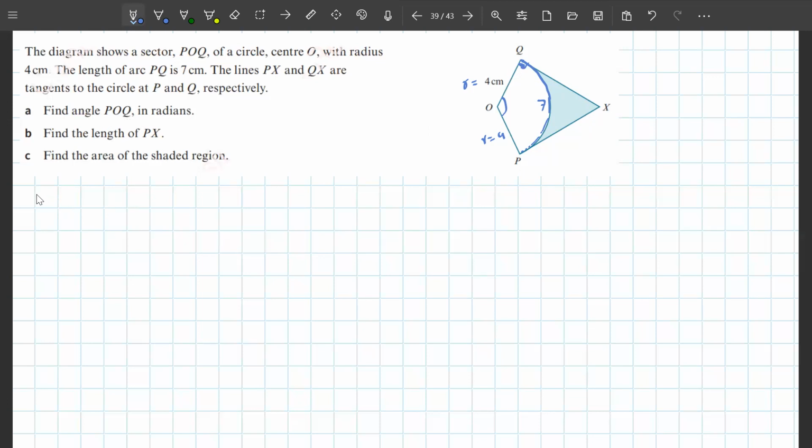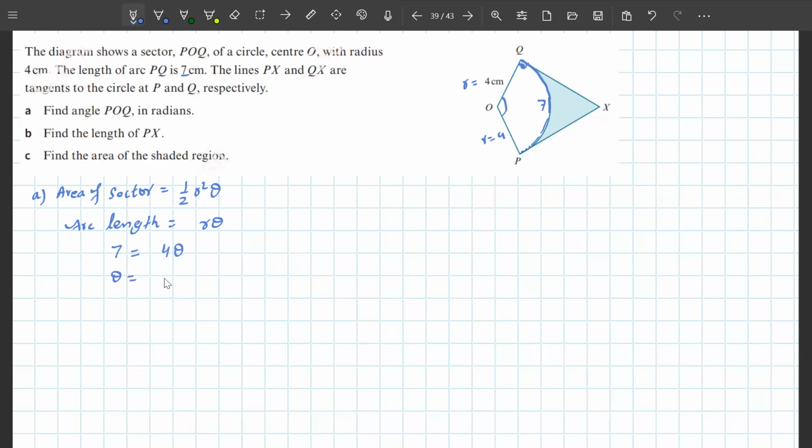So we know the formula of area of sector, which is equal to 1 over 2 r squared theta, and arc length in radian form is r theta. So the arc length is given, which is PQ. 7 is equal to r, which we also know is 4, and we are looking for theta.